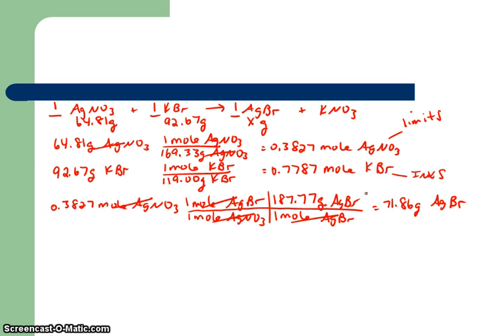All right, so my next question, I want to find out how much excess I have. Well, what I'm going to do first is find out how much of the excess reacts, and then subtract it from how much I had, and that will give me how much is left over. So my limiting reactant not only limits how much product I can produce, but it's also going to limit how much reactant can react. So I'm going to take 0.3827 moles of silver nitrate. My balanced equation says 1 mole of silver nitrate will react with 1 mole of potassium bromide.